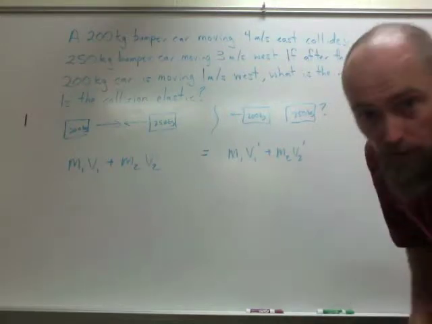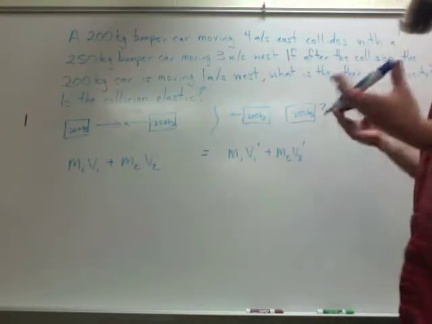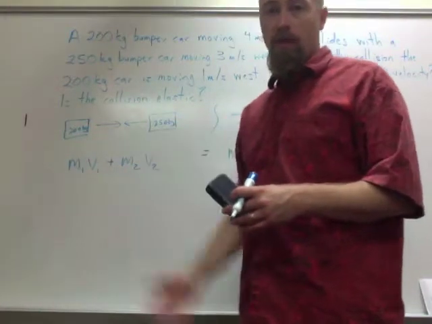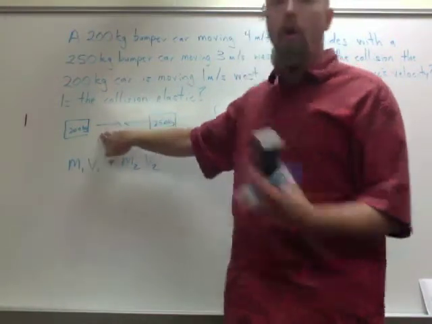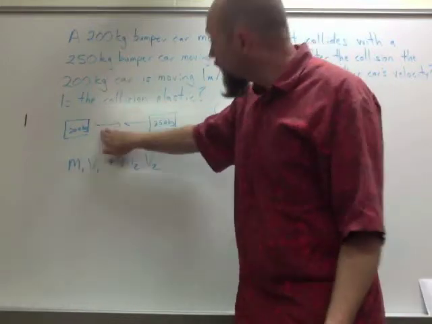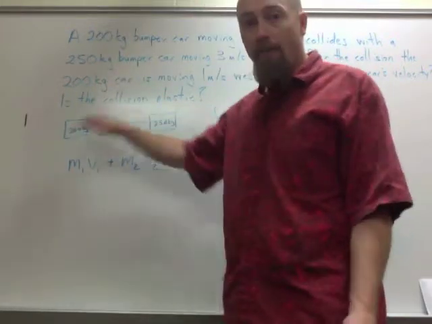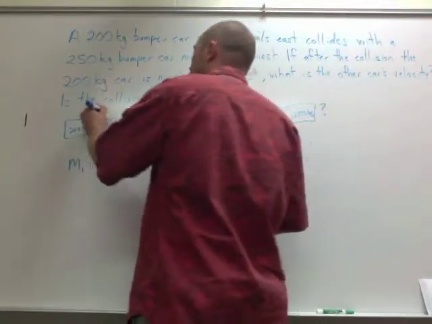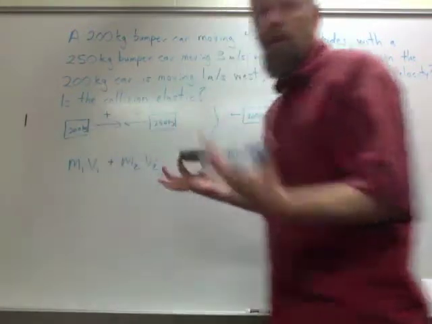Okay, so now let's plug some numbers in. The whole point of making pictures here, guys, is that if you draw a picture, you should realize this is going east, this is going west, so I have to change my direction. Since we've been typically calling this way positive, this way negative, we'll stick with that.